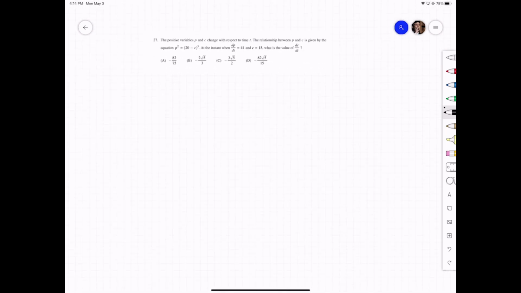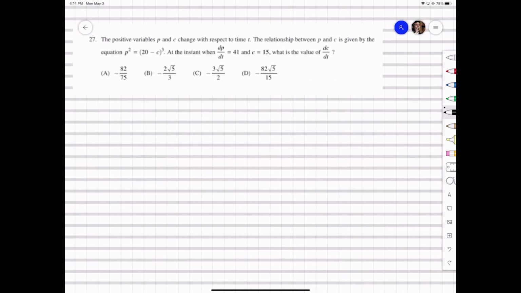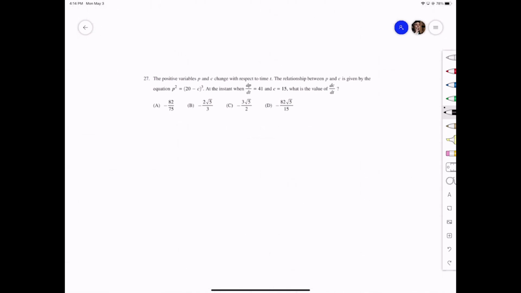We did this. Okay, last one. Positive variables p and c change with respect to time, and the relationship between p and c is this. At the instant when dp/dt is equal to 41 and c is equal to 15, what is the value of dc/dt? So just differentiate both sides. 2p dp/dt equals 3 times (20 minus c squared) times negative dc/dt. That's the chain rule, what I just did.